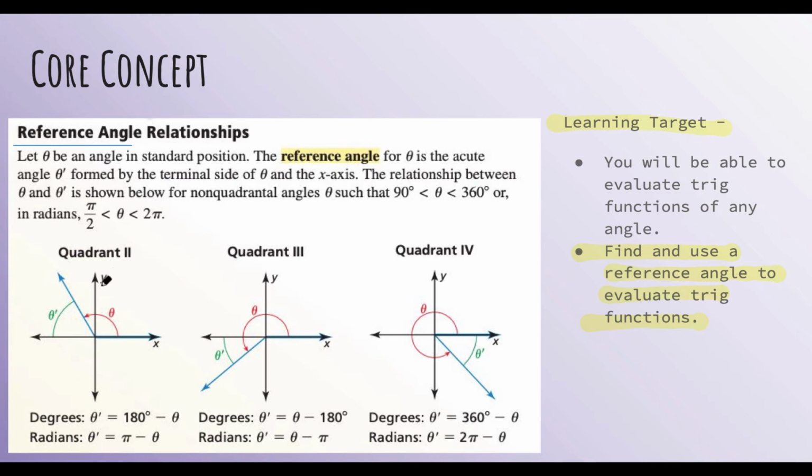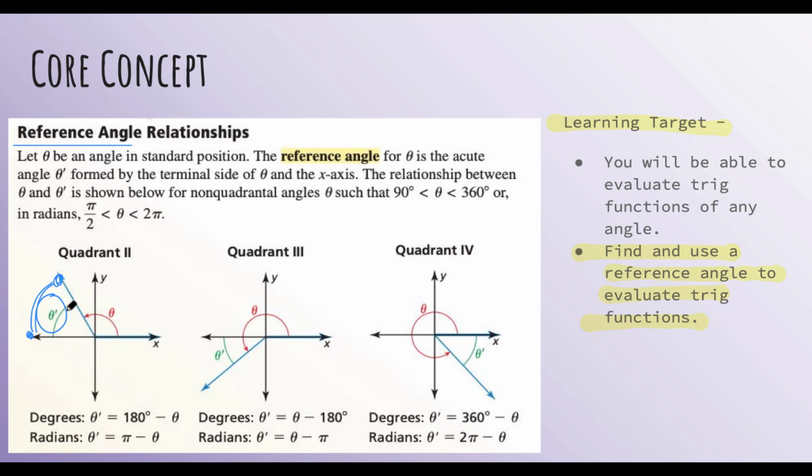The reference angle is going to be an acute angle that is formed by the terminal side and goes towards the x-axis. This angle measure, from the terminal side to the x-axis, is what we call the reference angle. It's referred to as theta with an apostrophe, so we call it theta prime.